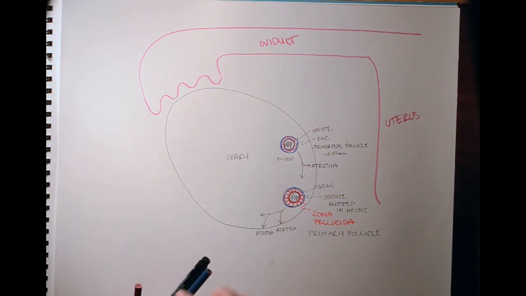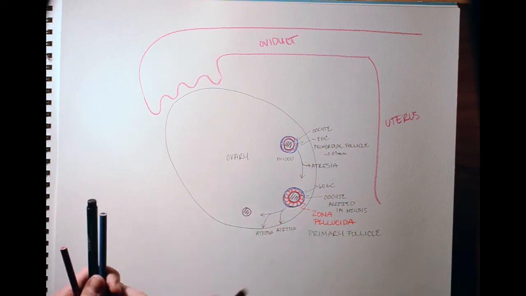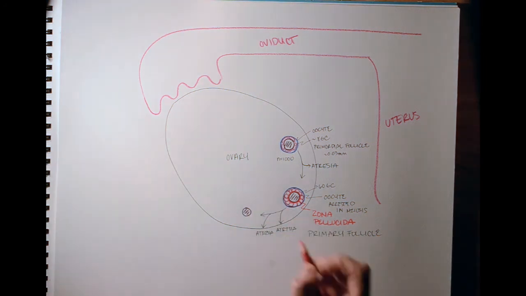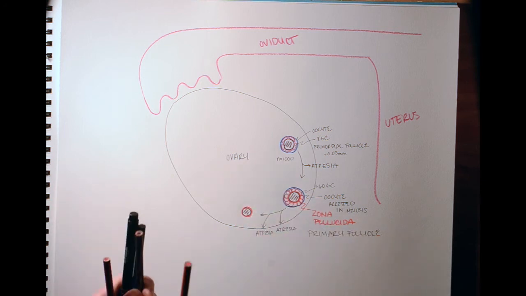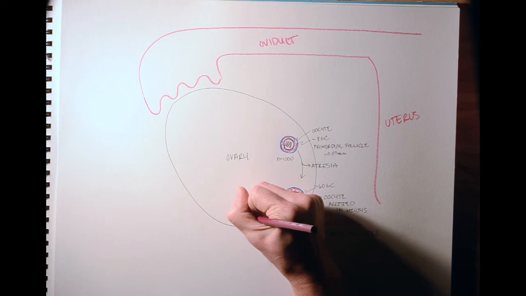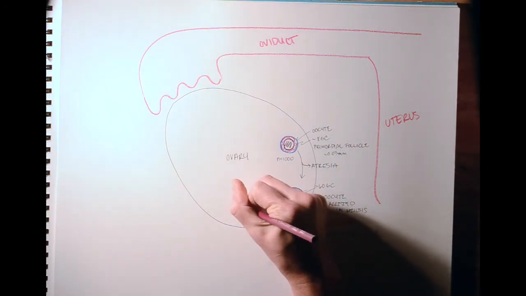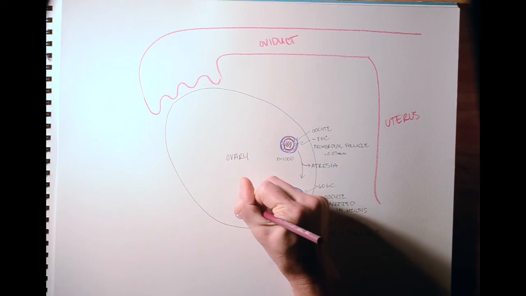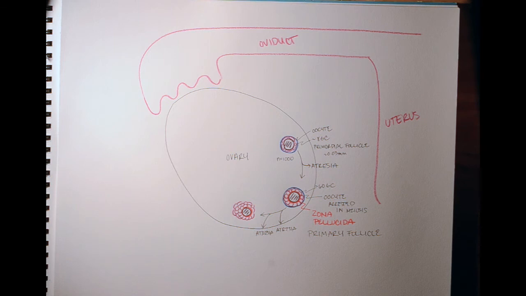And at the tertiary phase, we still have our oocyte. It's the same, it's still arrested in prophase of meiosis. We still have the zona pellucida which surrounds it. We have a greatly increased granulosa cell content surrounding this oocyte, and we have the appearance of a new layer.